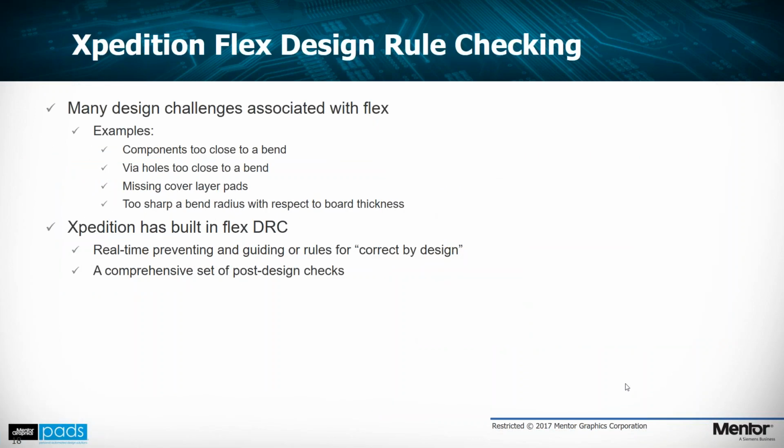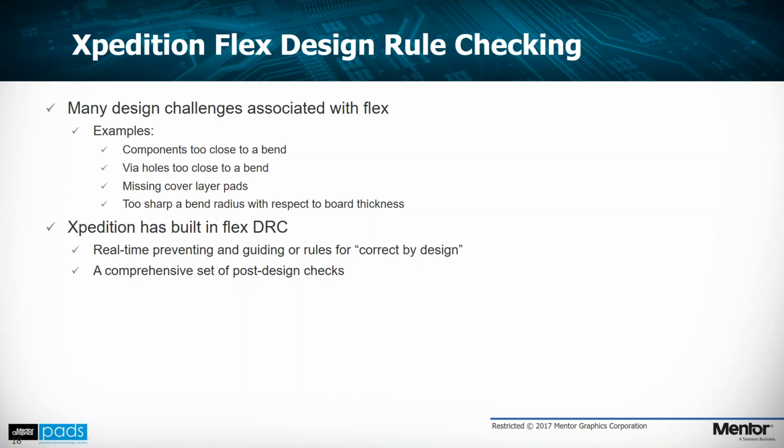Another design challenge within rigid Flex design is doing design rule checking on your rigid Flex design. Some examples of design rules that we have built into the tool to make sure that your board is both manufacturable as well as assemblable are components too close to a bend, via holes too close to a bend, missing cover layer pads like I said earlier, and too sharp of bend radiuses with respect to the board thickness.